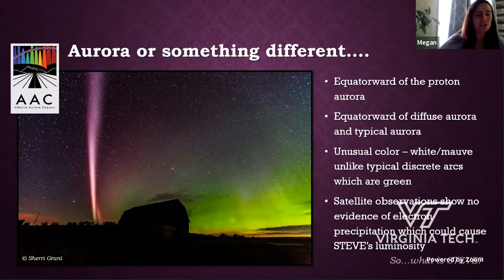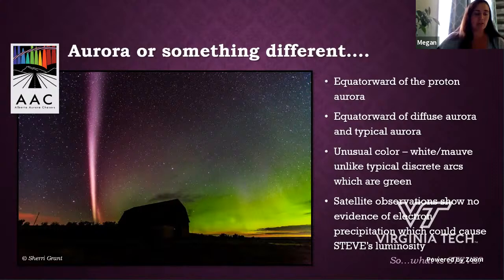First off, we see this beautiful, bright coloring, this purple mauve arc, which despite looking like what you'd expect an auroral arc to be, is a distinctly different color. One of the other neat features about Steve is that we tend to find it equatorward of typical diffuse and proton aurora, which we see up here in the north in the green on the left-hand side of the picture.